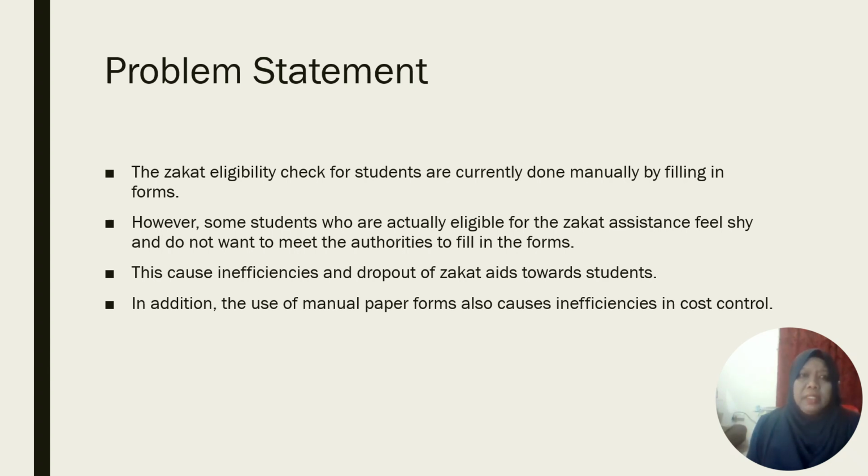Because they don't want to go face to face to the office and fill in the form physically, this causes inefficiencies and dropouts of ZAKAT aid towards the students. In addition, currently the use of paper forms can also cause inefficiencies in cost control.